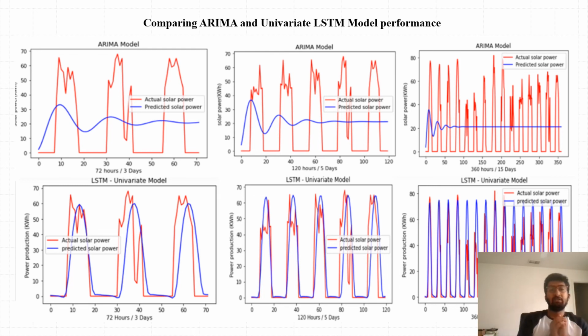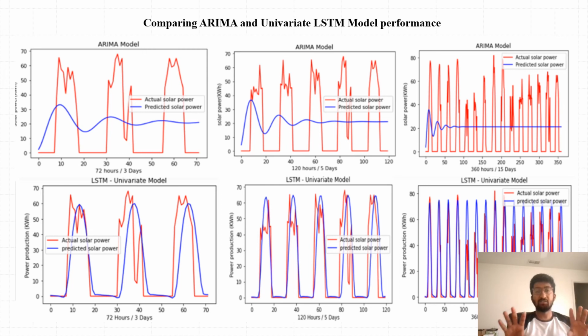And if we see the univariate LSTM model, the prediction is quite accurate, but it is not able to absorb the unique characteristics of the data. Every time it is just showing a uniform flow of the patterns of the data. So this is basically the univariate LSTM.